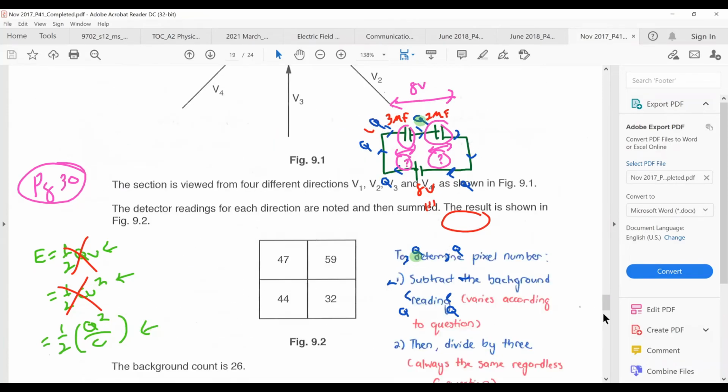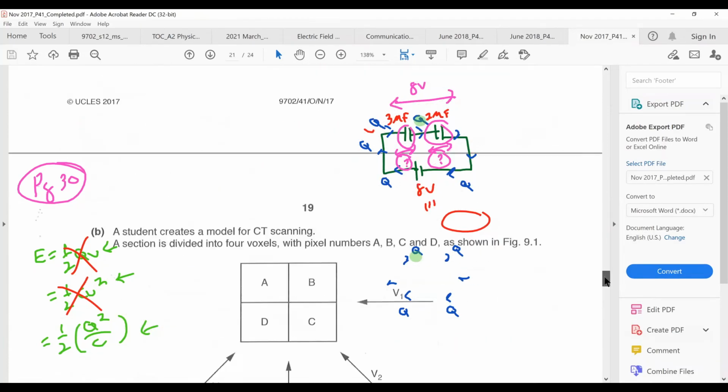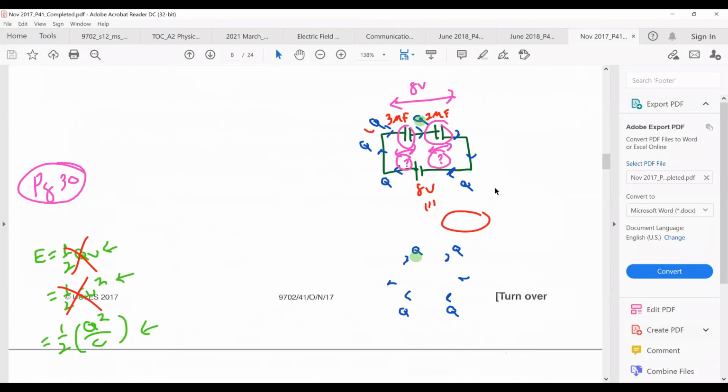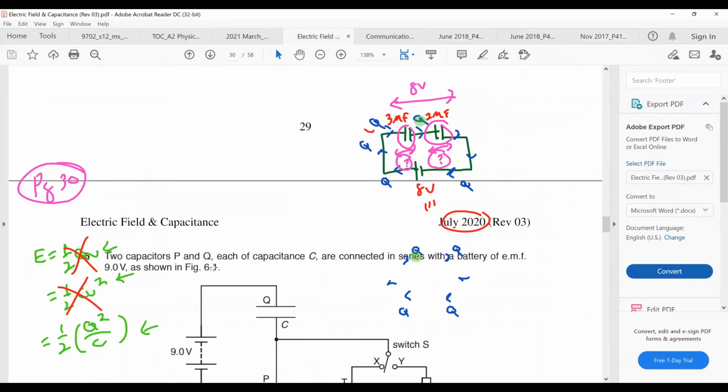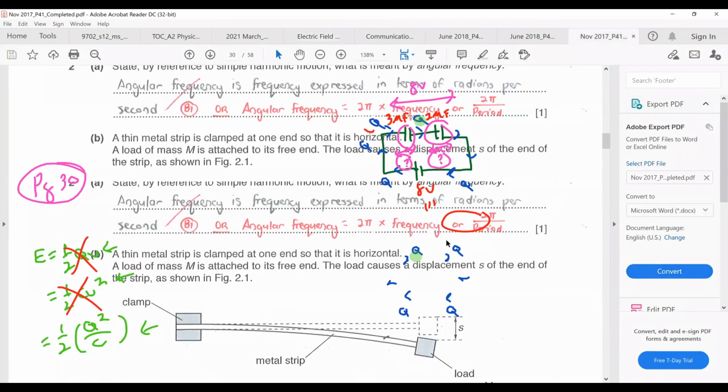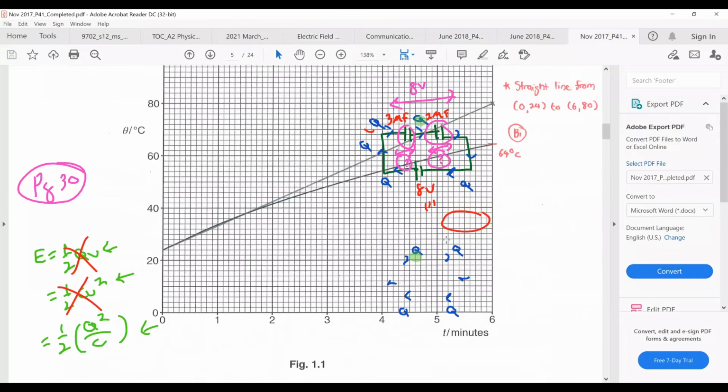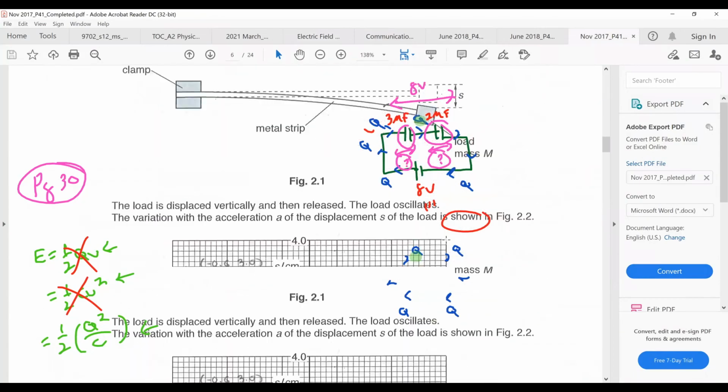Let me see which question it is. Question 6. I think I overshot it.